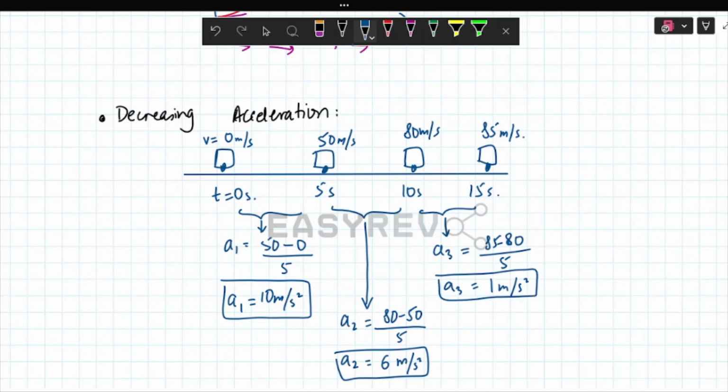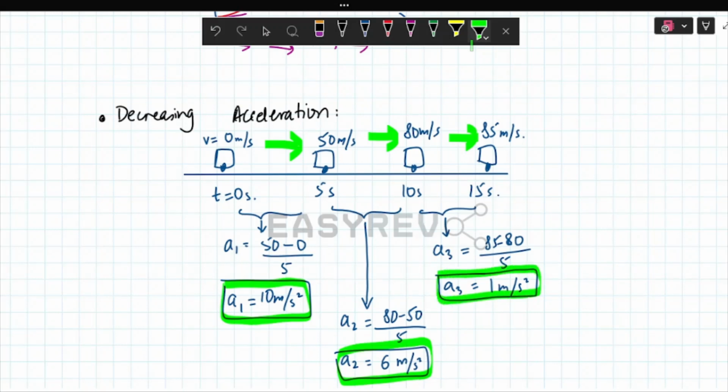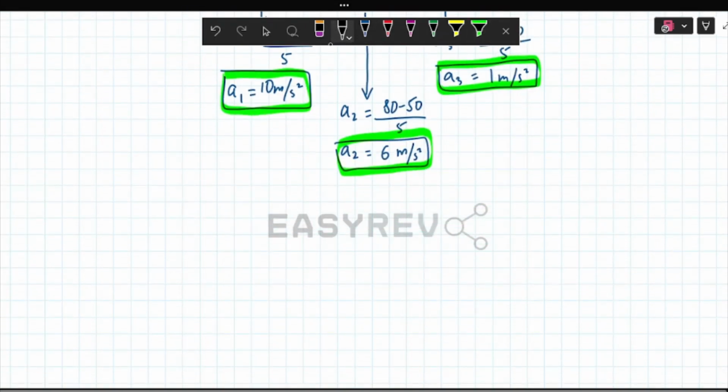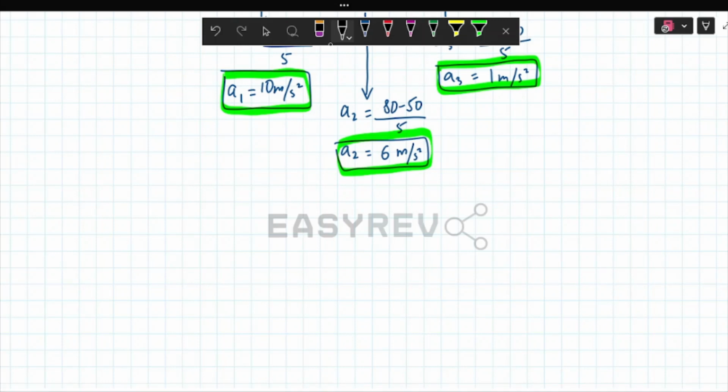Notice how even though the object is definitely speeding up, we notice that the increments in velocity keep on decreasing, and that's symbolized by the fact that with the passage of time, the value of acceleration, albeit being positive, actually ends up decreasing with time. This is the essence of decreasing acceleration. It's described as the kind of motion wherein acceleration is decreasing with equal intervals of time.